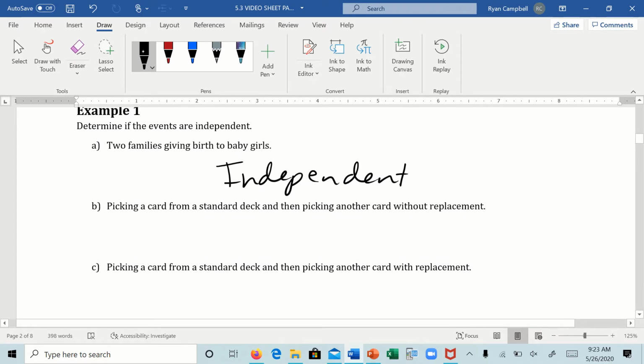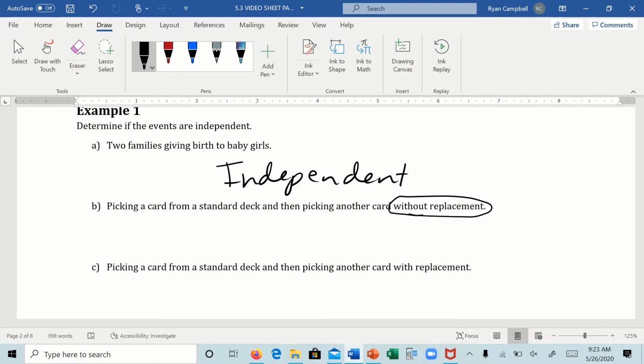Picking a card from a standard deck and then picking another card without replacement. So the word here that we're looking at is without replacement. What does without replacement mean? It means you don't replace it. So you take out a card and you do not replace it. Because we have one less card, the probability is going to be affected.